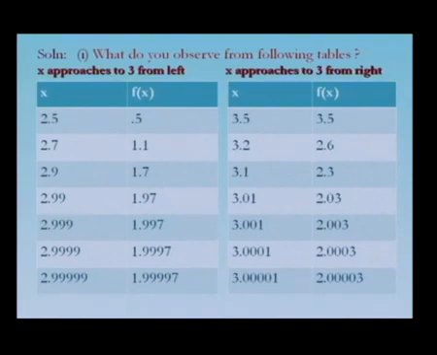There are two tables. The left hand side table shows that x approaches 3 from the left, and the table on the right side shows that x approaches 3 from the right. Let us first consider the table on the left hand side.